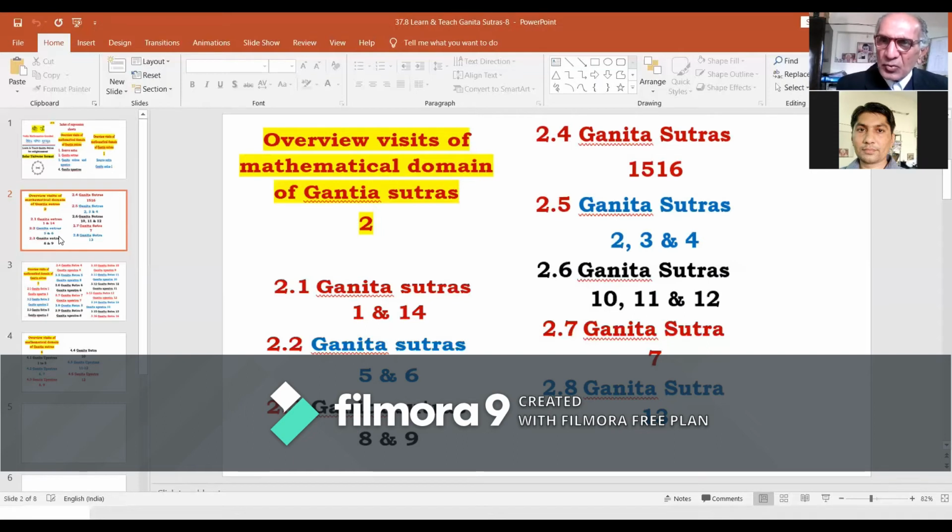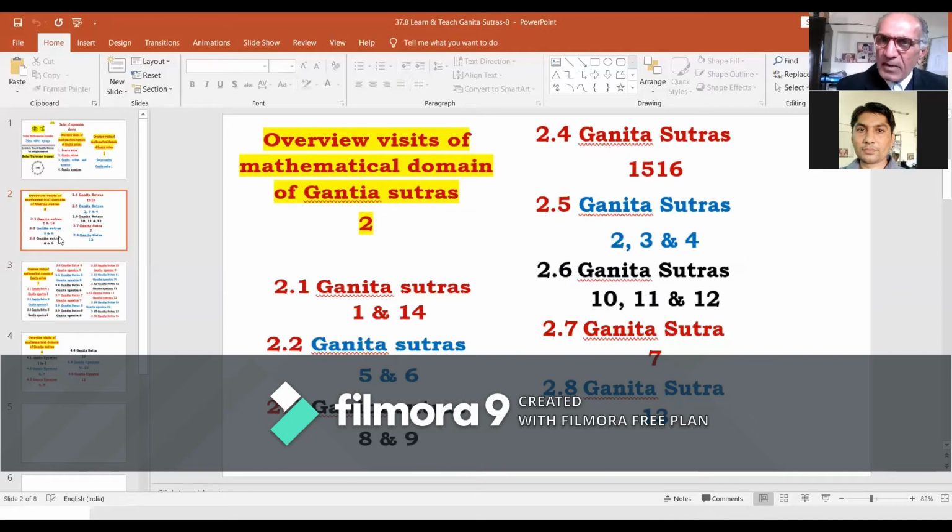These three sutras are sandwiched between the linear order of Ganita Sutra 1 and zero order of Ganita Sutras 5 and 6.